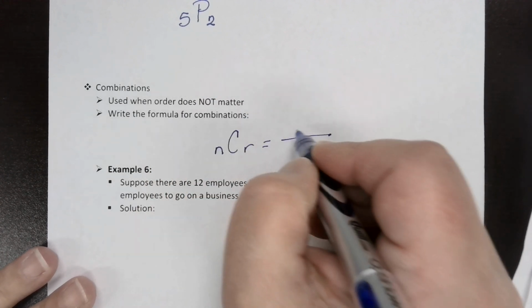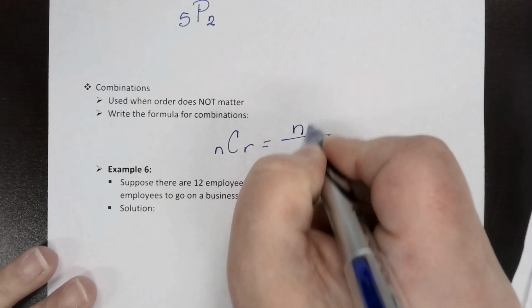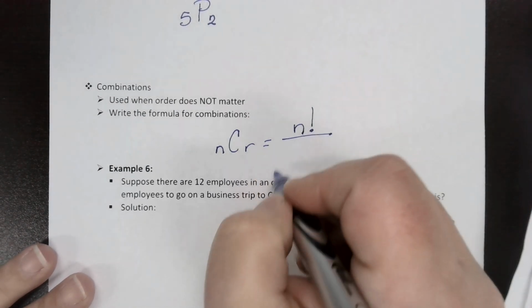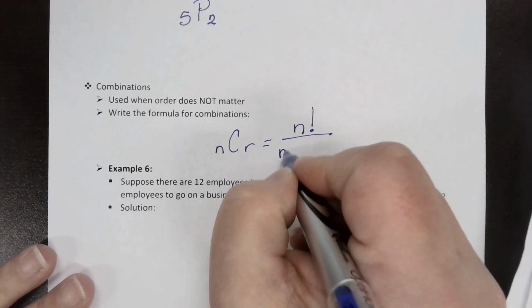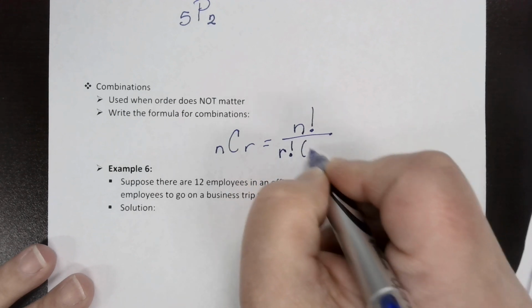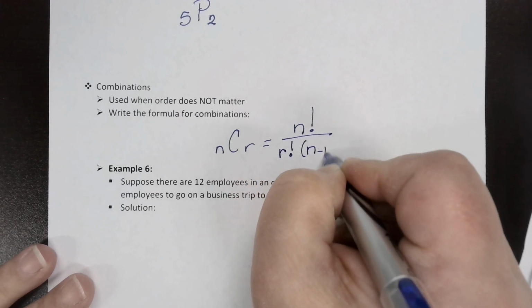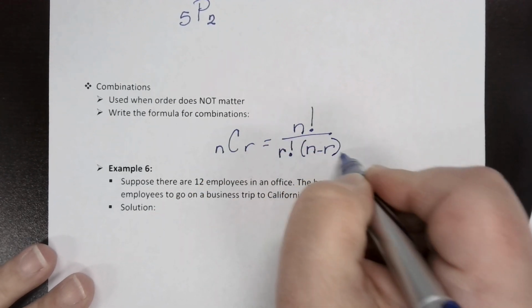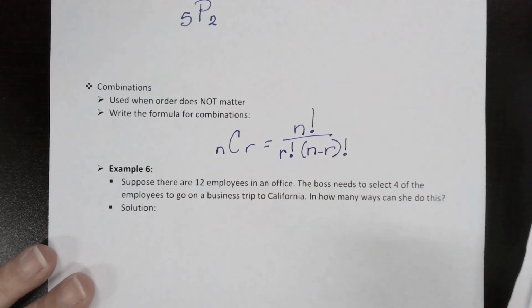You still take the number of objects, factorial, but this time you take the number of desired results, factorial, times the difference between the number of objects and the number of desired results, factorial.